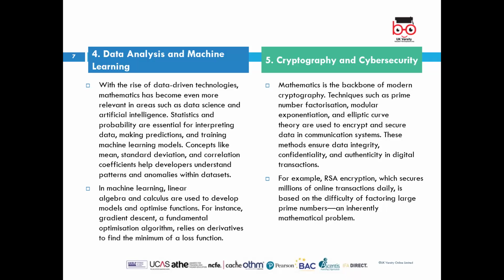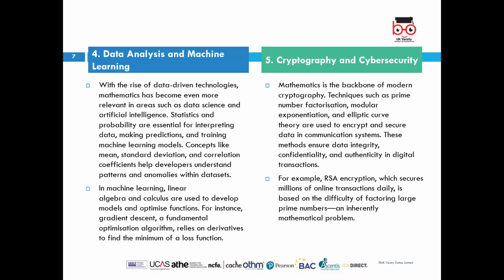Now, cryptography and cyber security. Mathematics is the backbone of modern cryptography. Techniques such as prime number factorization, modular exponentiation, and elliptic curve theory are used to encrypt and secure data in communication systems.